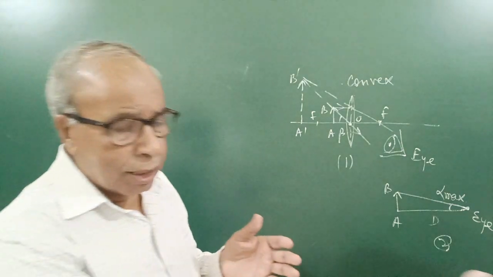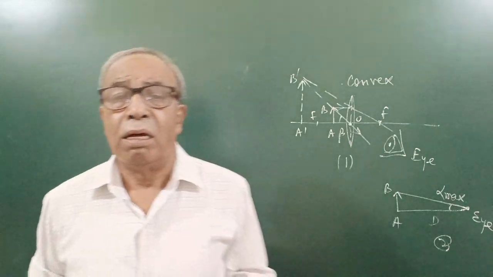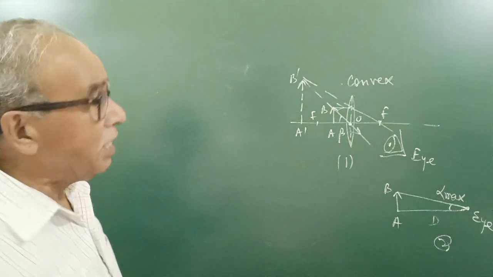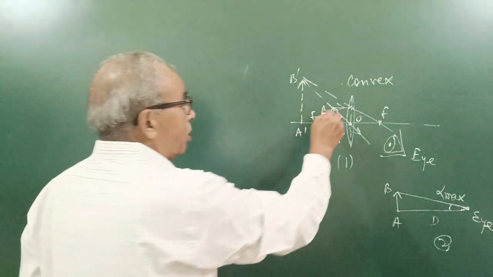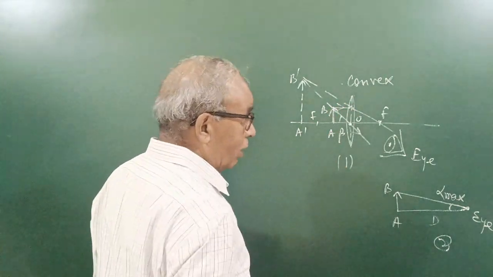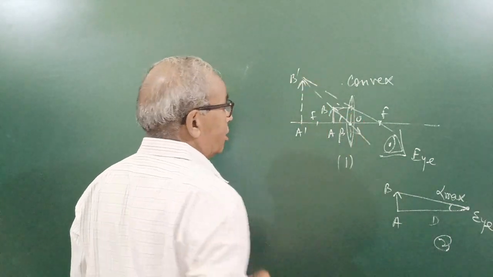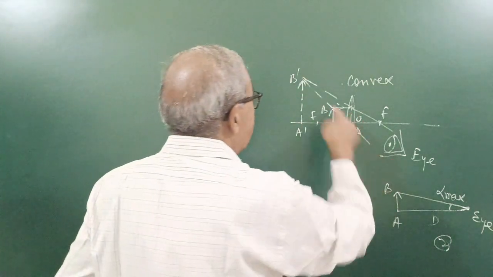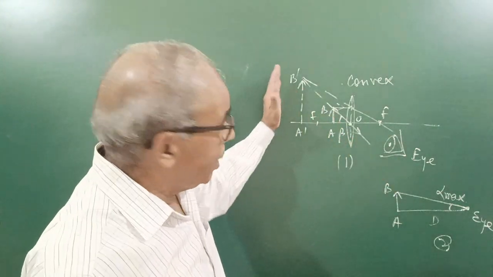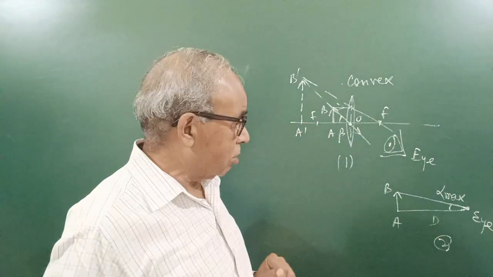So you may think, let us put it close. But I told you that our eye can see an object distinctly only beyond D, the least distance of vision. Here this object AB is so small that it cannot be seen by the naked eye. So the eye sees A dash B dash, not AB.